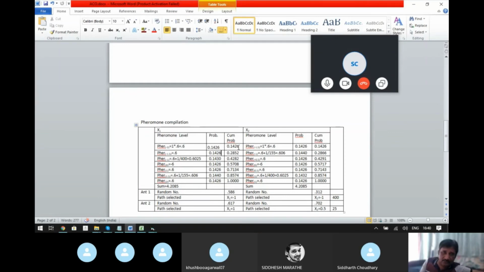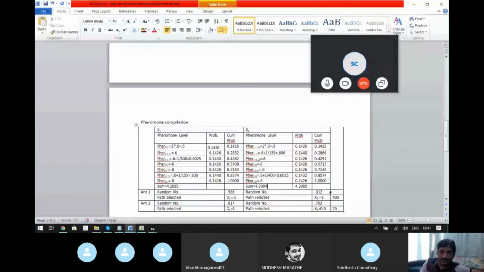Now we'll be finding the cumulative probability. You know how to find it. This value 0.1426 plus the next value gives you this, and likewise you get the cumulative probability. The same kind of thing is done on this side. Pheromone evaporation and pheromone deposition is found out on all the arcs, and the summation here also is coming out to be 4.2085.